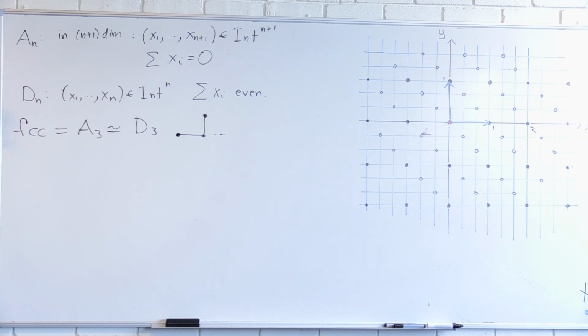So there's actually two different ways of thinking about the A3 of the face-centered cubic lattice. One is to think of it in terms of the span of the four basis vectors in four-dimensional space. But in three-dimensional space, if you want to cook up the face-centered cubic, you can do it this way.